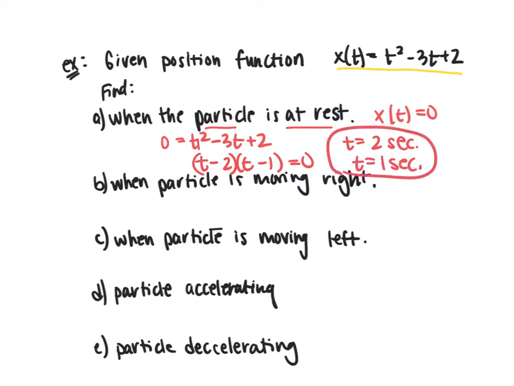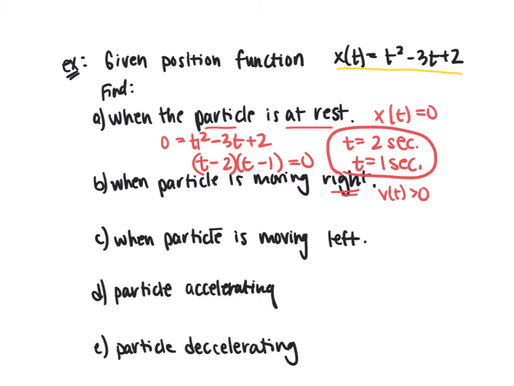So at 2 seconds and 1 second, the position is not moving. It is equal to 0. And then it says when the particle is moving to the right. When something is moving to the right, that is based upon the velocity function. And because it's going to the right, the velocity has to be positive, so greater than 0.